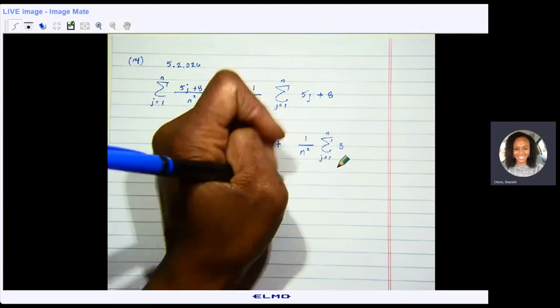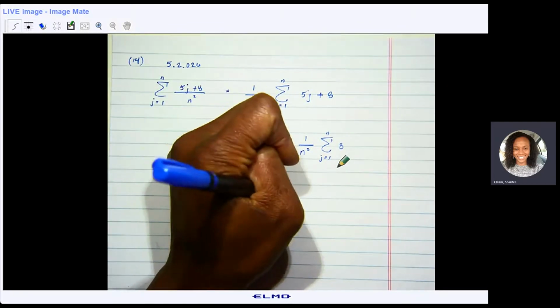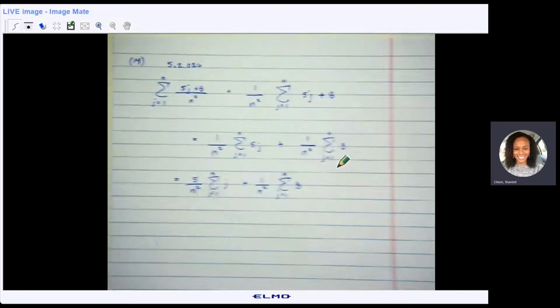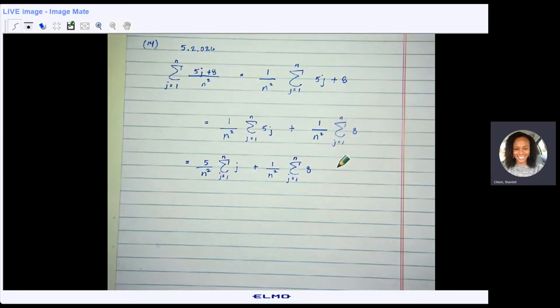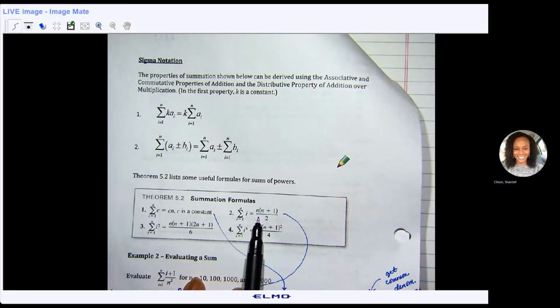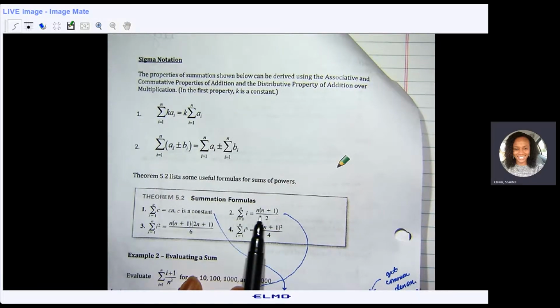So, and I'll go ahead and write it. Okay, so the summation for j, according to our summation formulas, it works similarly to i. Okay, summation for j, same as summation for i, n times n plus 1 over 2.